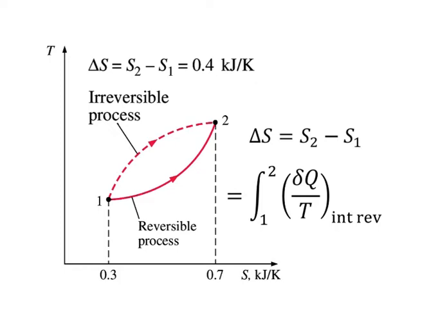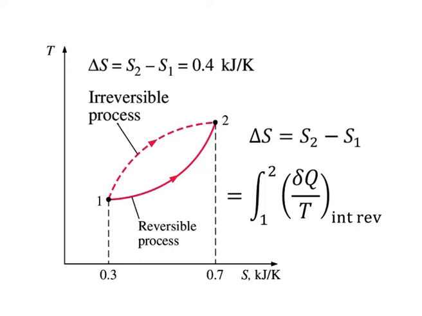Also note that the integral of delta Q upon T gives us the value of entropy change only if the integration is carried out along an internally reversible path between the two states. The integral of delta Q upon T along an irreversible path is not a property, and in general different values will be obtained when the integration is carried out along different irreversible paths.